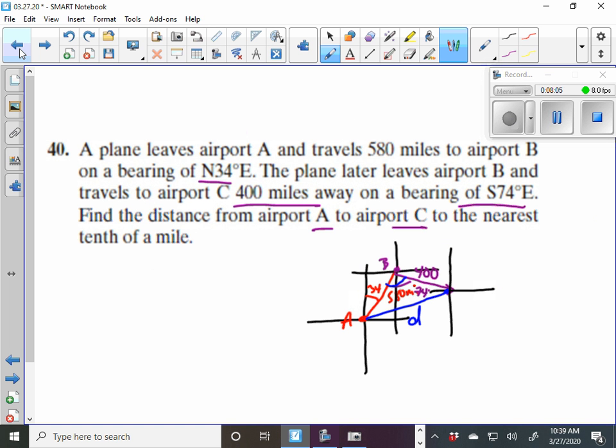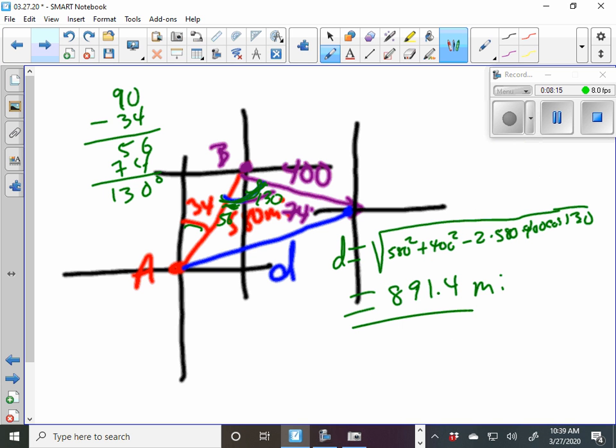Find the distance from airport A to airport C. This was C, to the nearest tenth of a mile. We have done that, and we're good. All right, you guys, good luck with this.